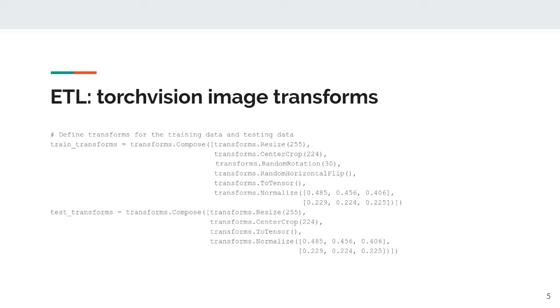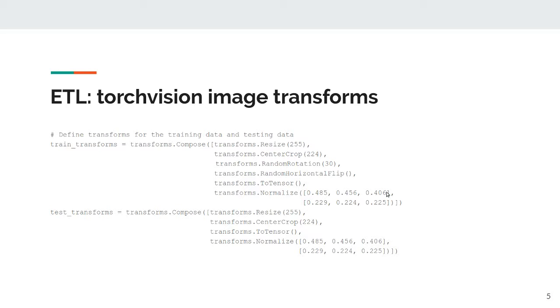So we have this normalization where the images have 3 channels, red, green, and blue, and each one of these numbers is the mean value for each one of the channels over all the data set.